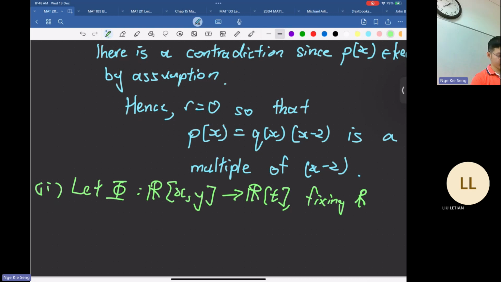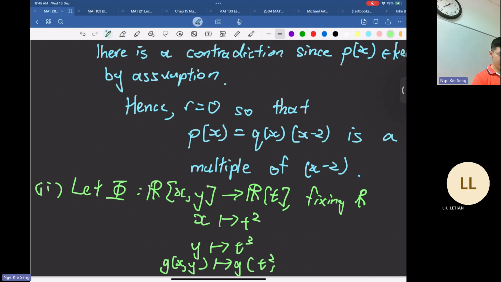Let's take x to t squared and y to t cubed. This means that if I take any polynomial in terms of x and y, I just evaluate x as t squared and y as t cubed. So we can use the substitution principle to extend the map.